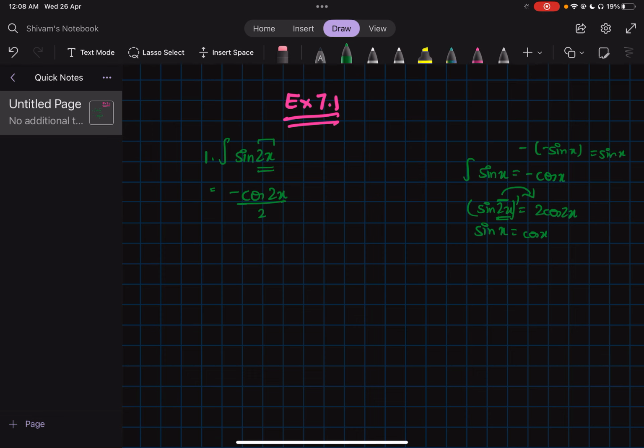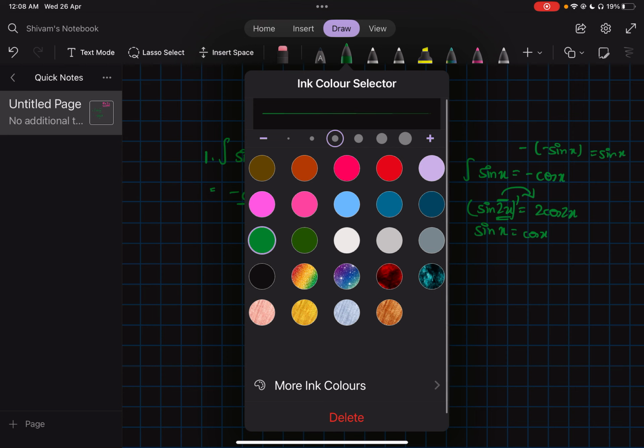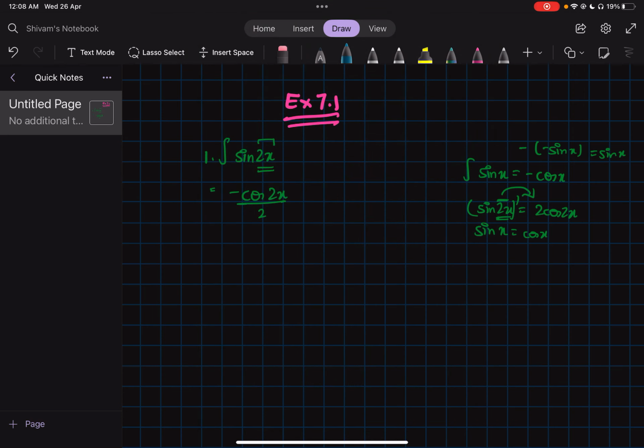Okay, so next question, let me pick a different color real quick. The next question I'm gonna move on to is cosine of 3x. This question is pretty similar to the first, and what you're gonna want to do is the same thing.